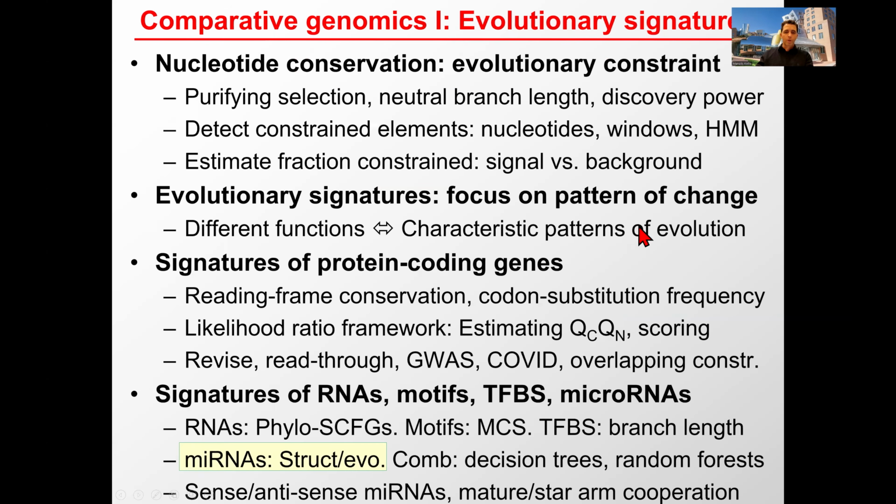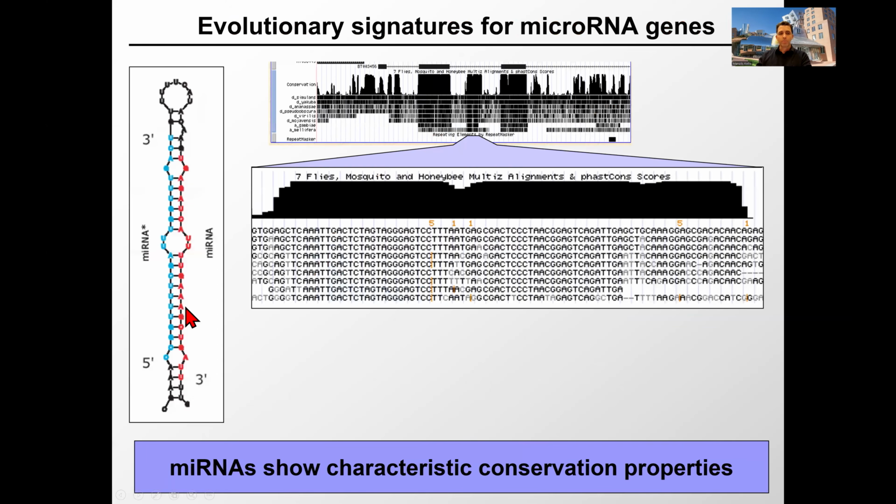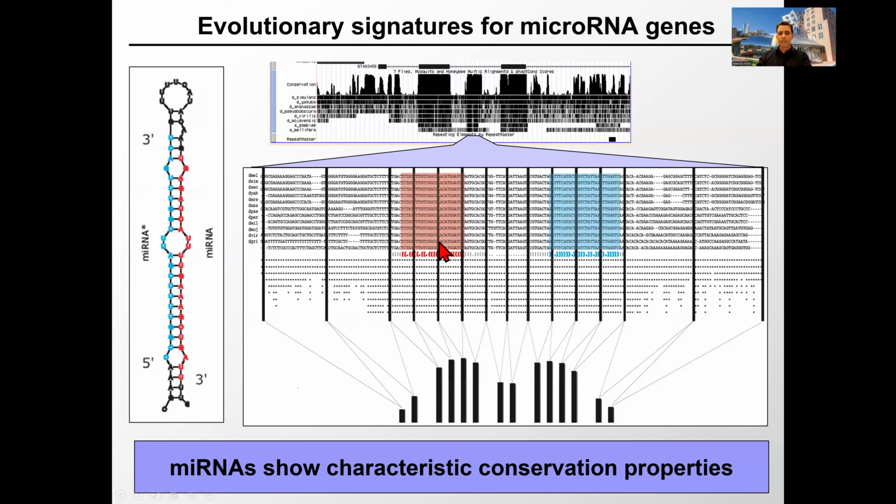Okay? So for microRNA, similarly, there's 700,000 microRNA-like hairpins, but only 60 to 100 true microRNAs. So you need 99.9% specificity, or a 5,000-fold enrichment. And you can build that by studying the pattern of conservation in these microRNAs.